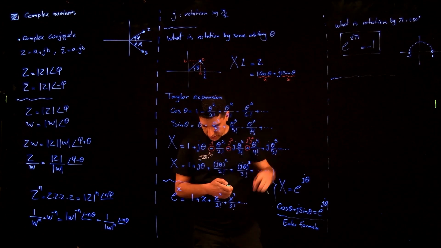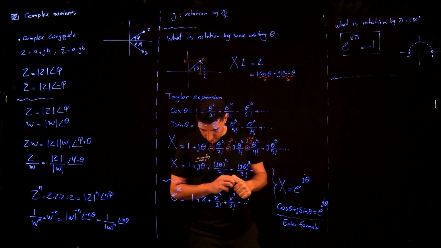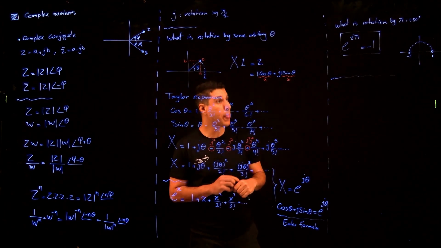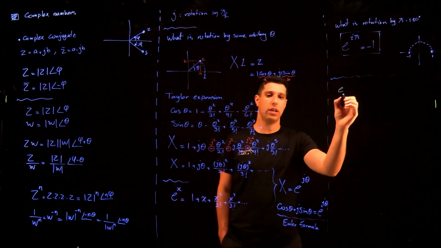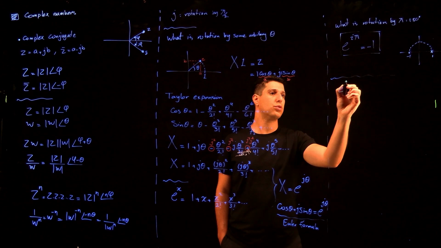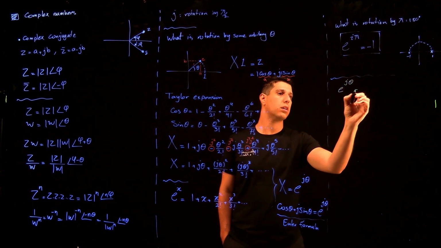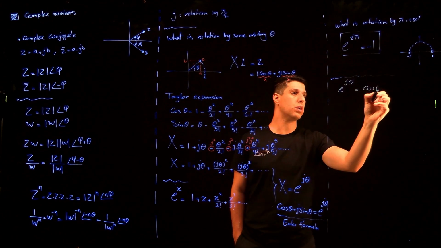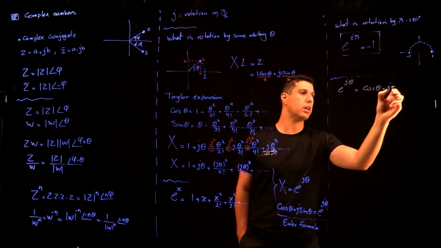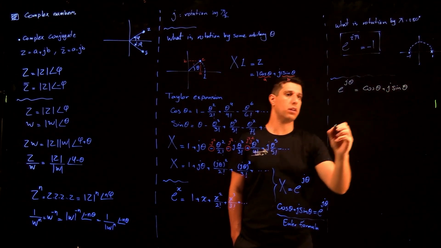Okay. Let's see what else I have here. A little bit of manipulation. I have e to the j theta. I just saw it. That is cosine of theta plus j sine of theta.